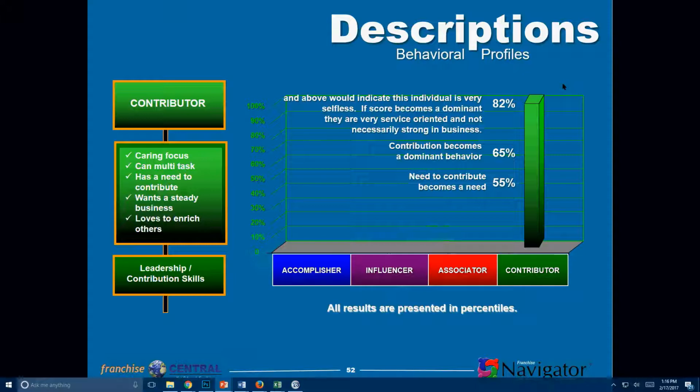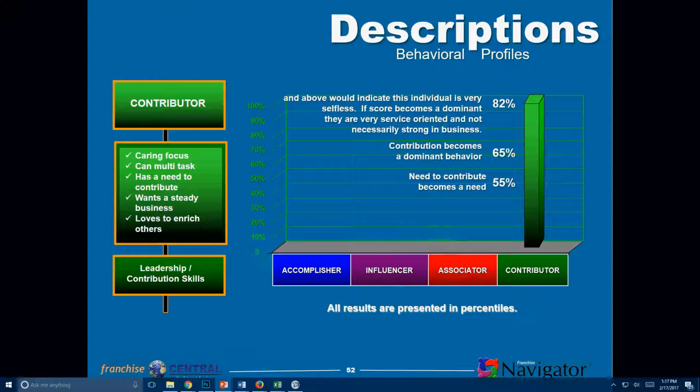When their scores reach the 90th percentile, this is where it becomes the extremist, and they tend to gravitate towards Habitat for Humanity, save the whales, save the planet, and if they're really in the high 90s, they're tree huggers. They care more about nature than they do people.